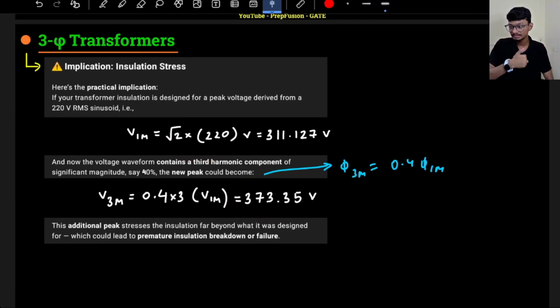We know one thing, that the insulation of any device is derived from the peak value.